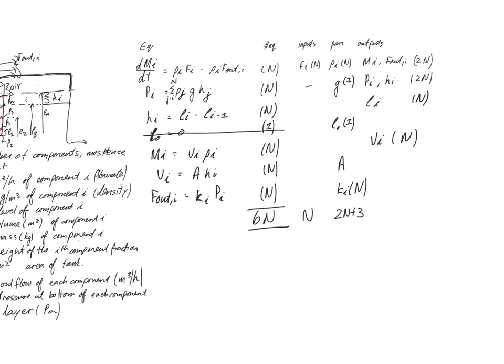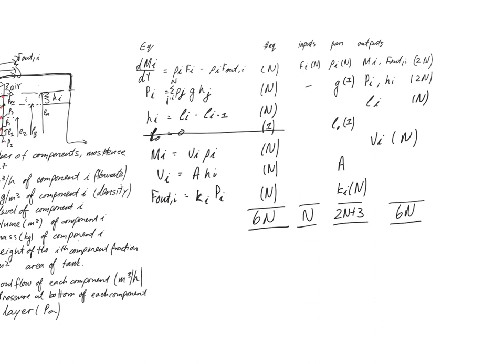So we've got 2n plus 3 over there, then we've got 2n, 4n, 5n, 6n outputs. Right, okay, that's looking pretty good.